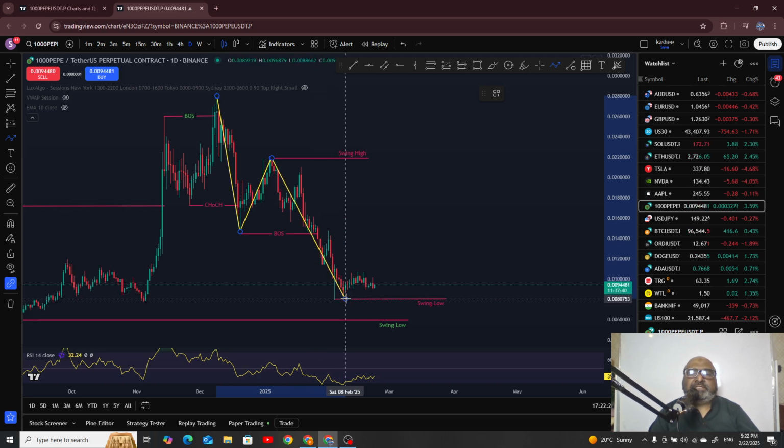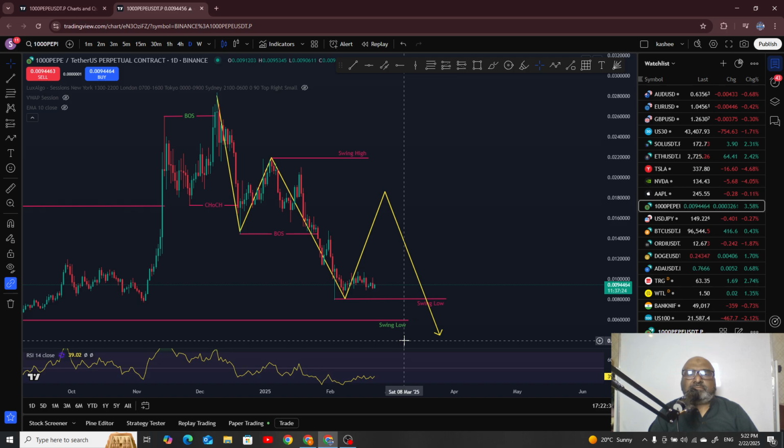So after this point, we are expecting this market to come somewhere here on the daily time frame and then break this low. Okay, for this we have to see towards the left.